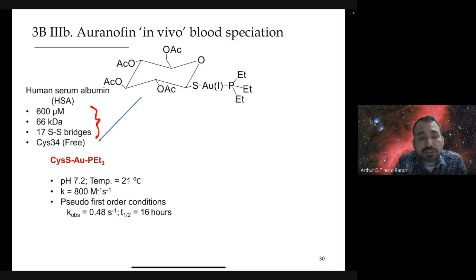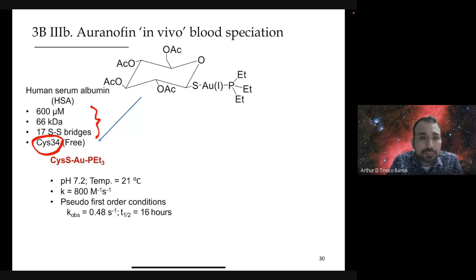As I mentioned previously, it is the most abundant blood protein. It is about 66 kilodaltons. It consists of 17 disulfide bridges. It has one free cysteine. And it turns out that free cysteine actually serves as a very effective gold binding site within the protein.